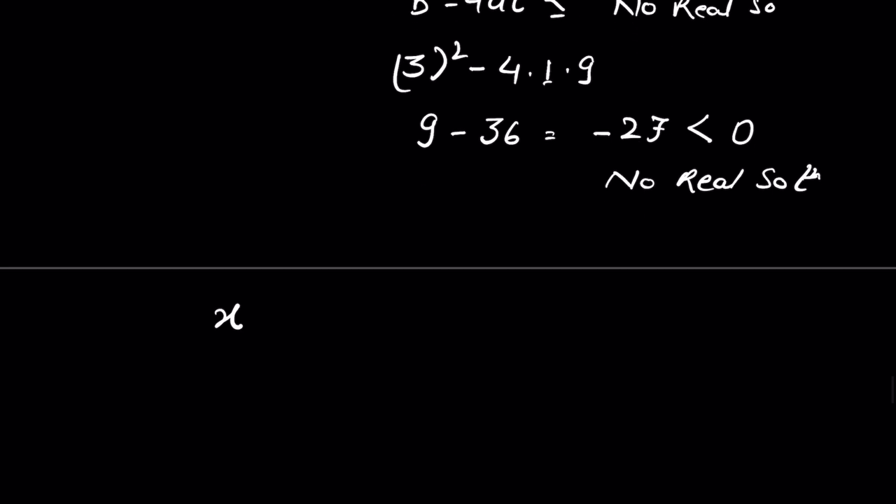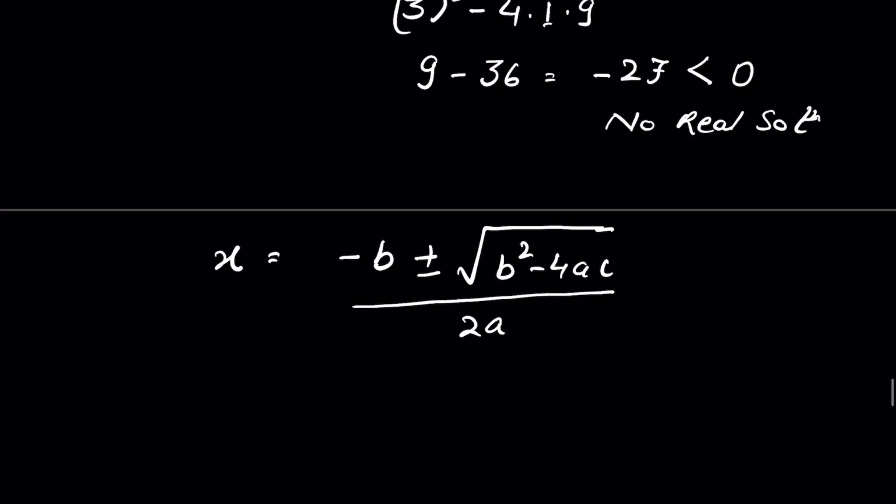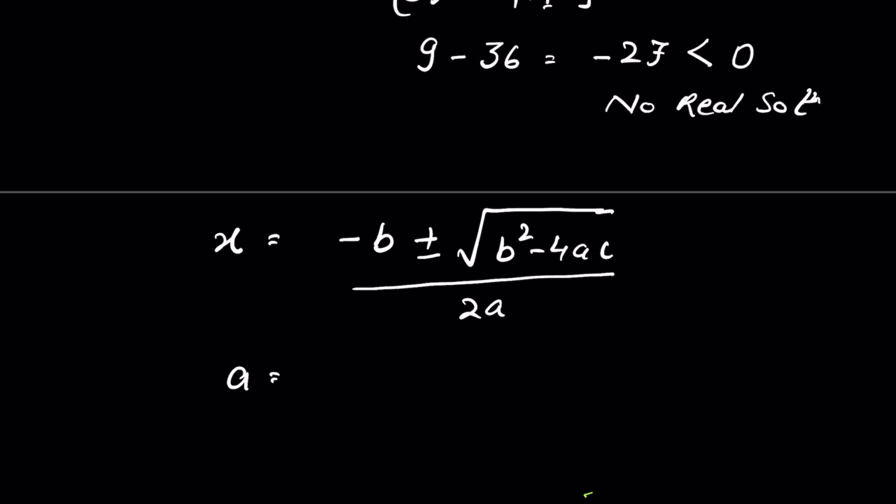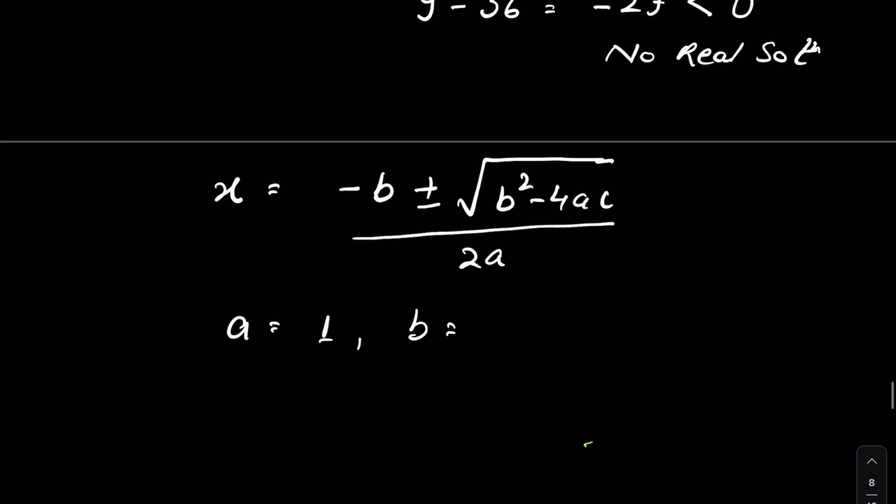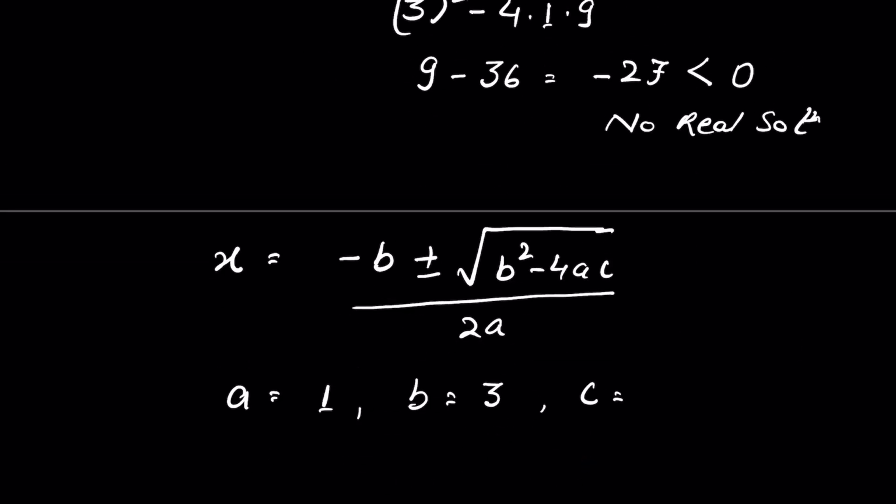Now the quadratic formula here is minus b plus minus square root of b square minus 4ac upon 2a, where a is the coefficient of x square, 1, b here is coefficient of x, that is 3, and c here is 9.